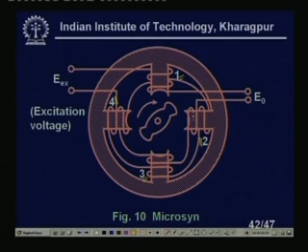What will happen? You see here the reluctance between this iron and the coil 2 and the iron and the coil 4 will cancel each other, we will get 0 voltage.